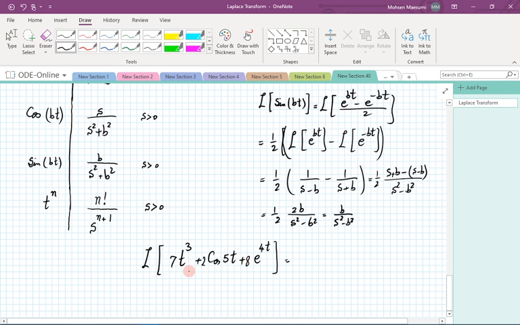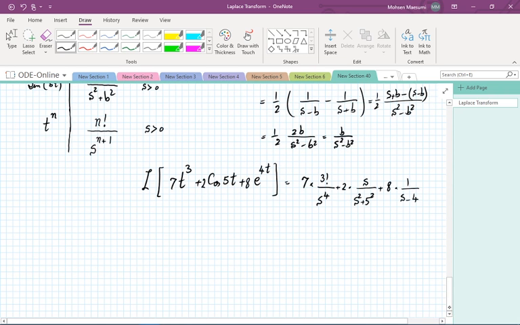So for the first one, the factor of 7 stays, the exponent being 3, so I'll have 3 factorial over s to the power of 4. For cosine, we had s over s squared plus 5 squared. And for the last one, we have 8 times 1 over s minus 4. So we applied the rule of linearity, and we figured out what the Laplace transform is going to be.